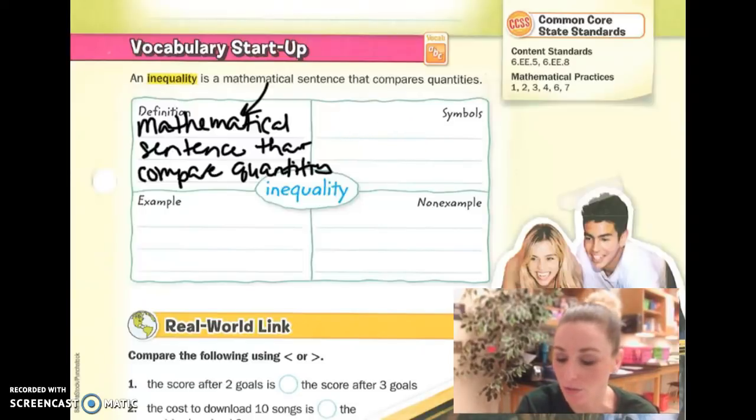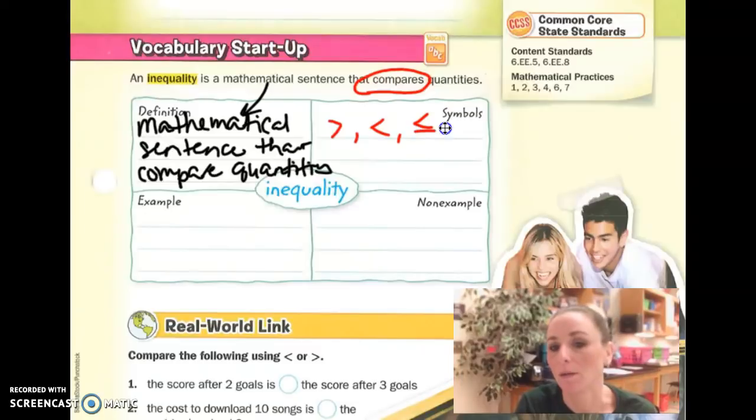Well, you probably are like, well, I'm not really sure because it's been a while. Once I write these, you're going to be like, oh, yep, that's exactly it. When we are talking about things that compare with numbers, we talk about numbers that are greater than, less than, less than or equal to, or greater than or equal to. So those are the four symbols that we use.